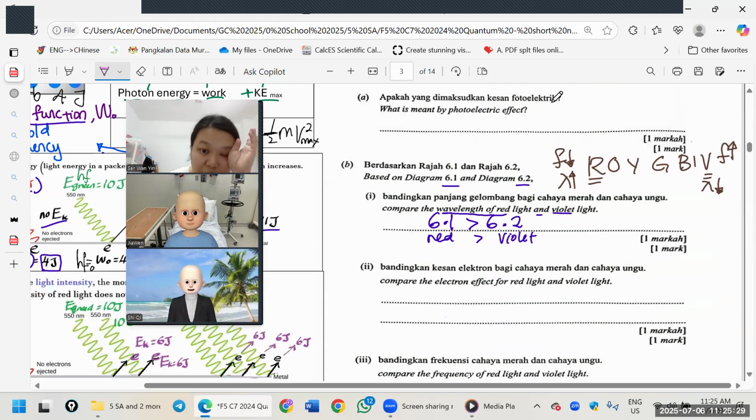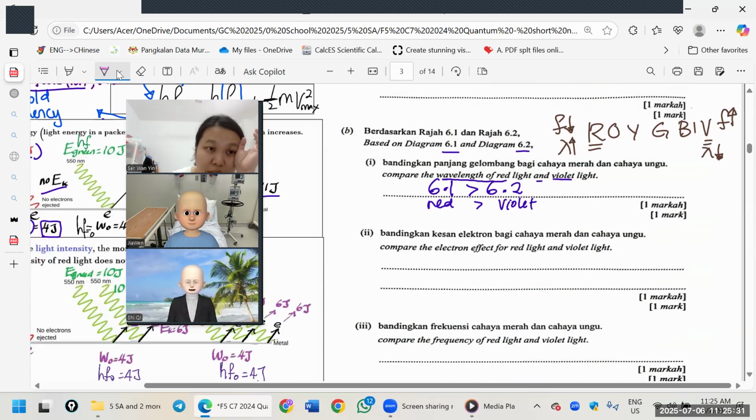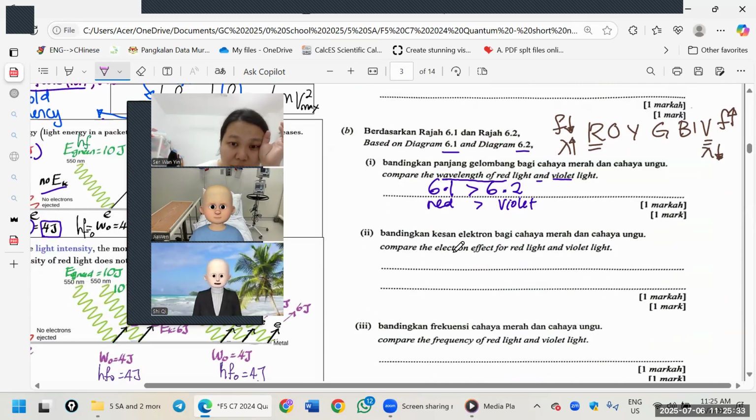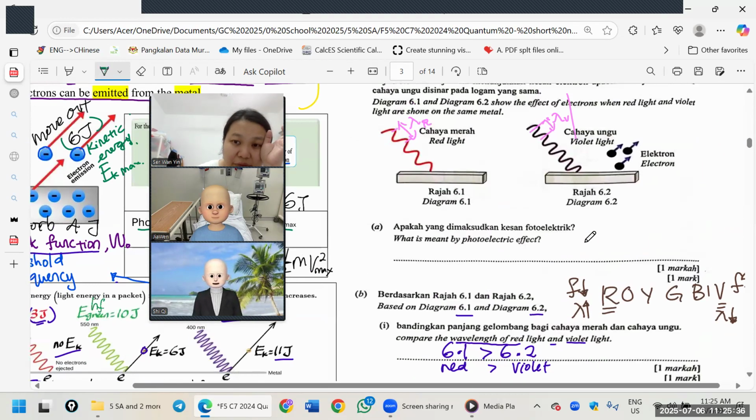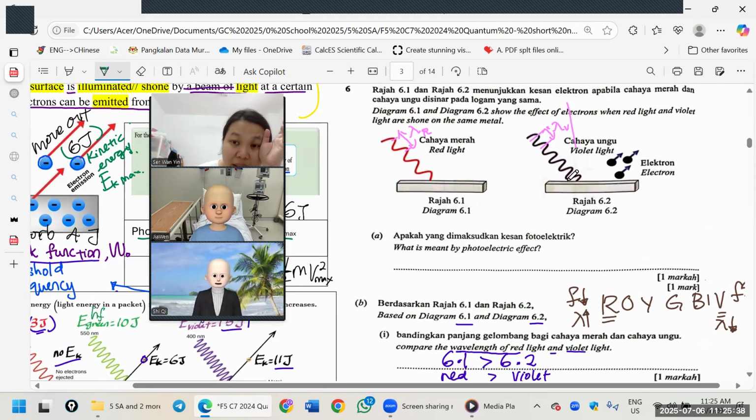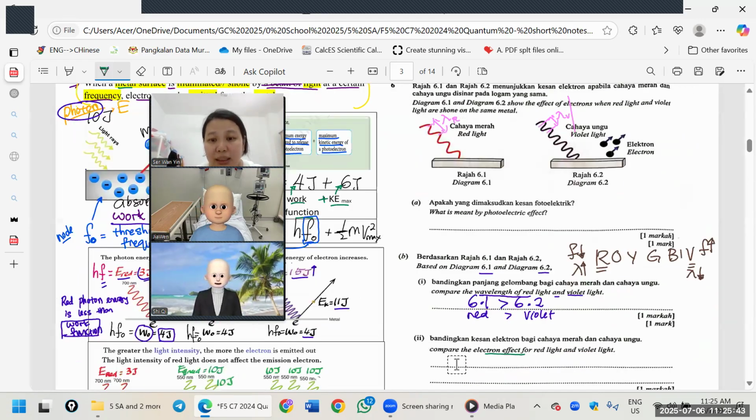All right, so now compare the electron effect for red light and violet light. Okay, I believe you all can compare.